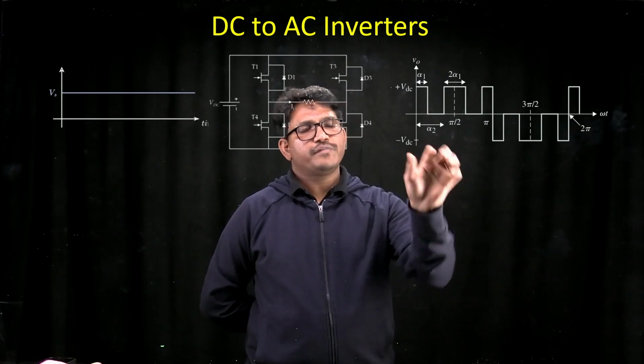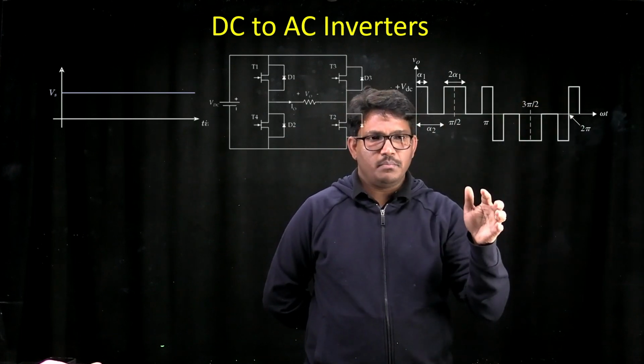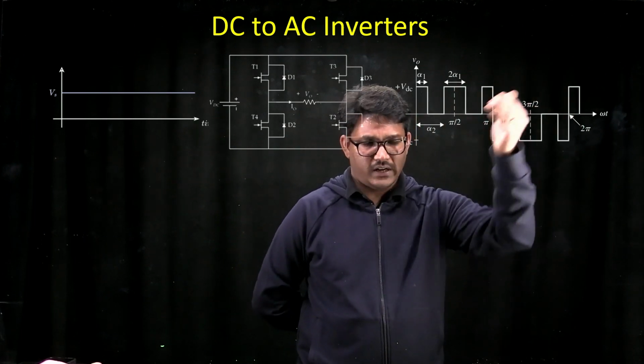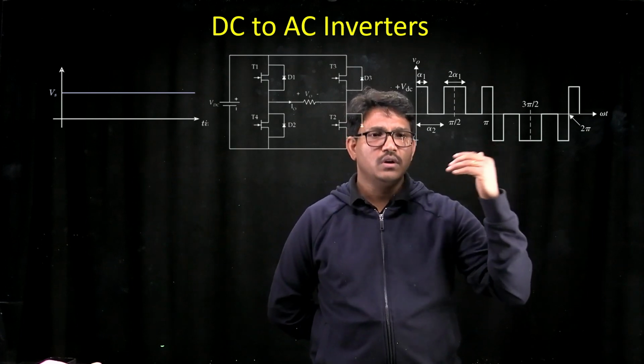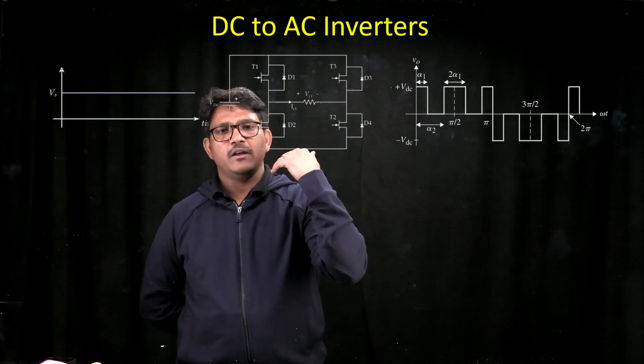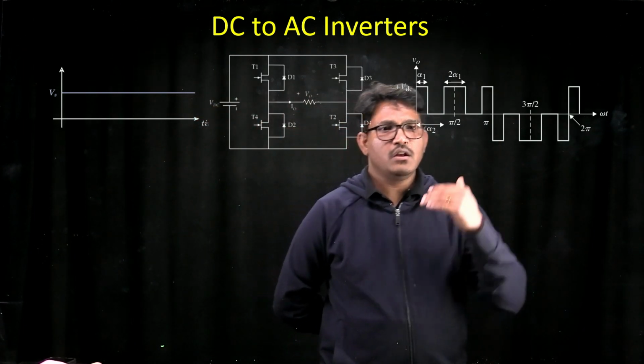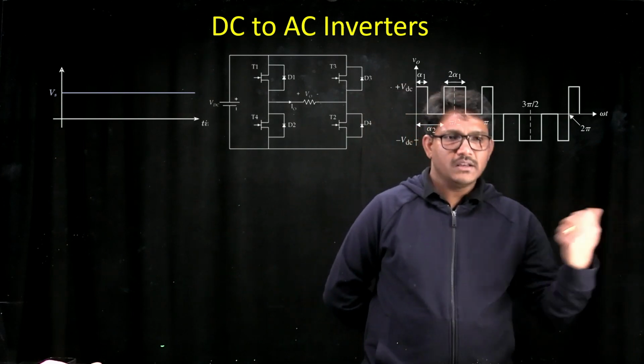So now if you want to know what kind of harmonics I can eliminate by choosing what values of alpha 1 and alpha 2, then first we need to express this output voltage in terms of a Fourier series and make the sinusoidal components corresponding to the harmonics to be eliminated equal to 0.